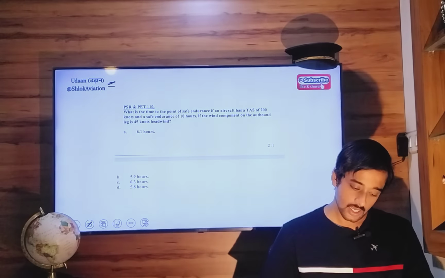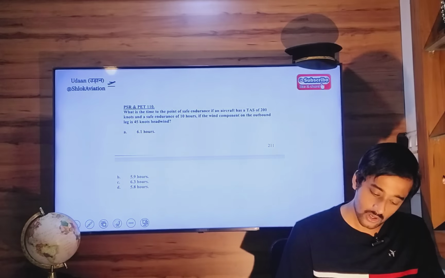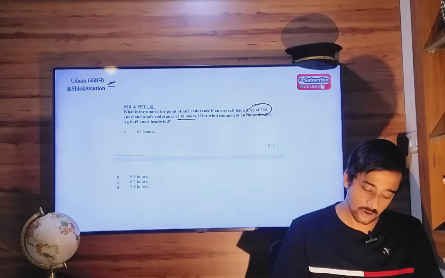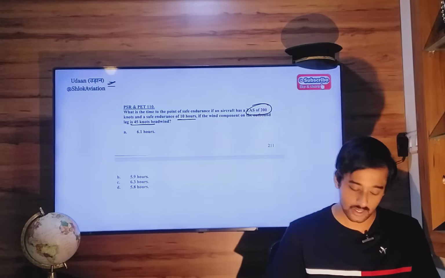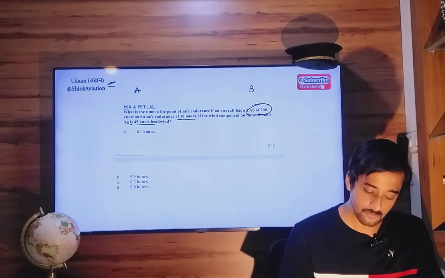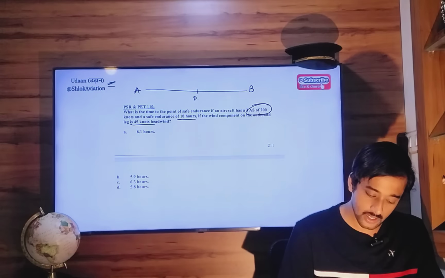Last question. What is the time to the point of safe return if aircraft has a TAS of 200 knots, endurance of 10 hours, wind on the outbound leg is 45 knots headwind? So point A, point B, point of safe return.